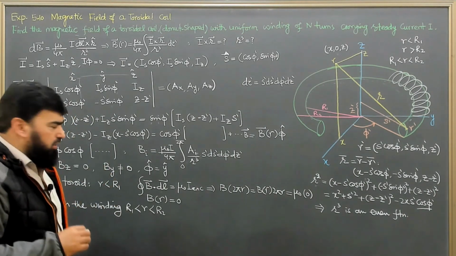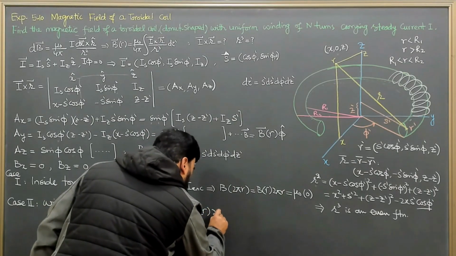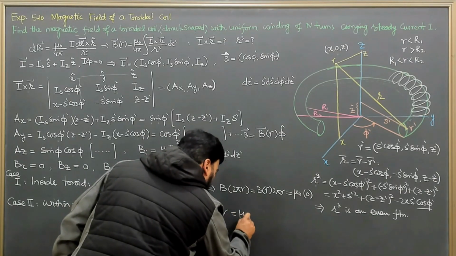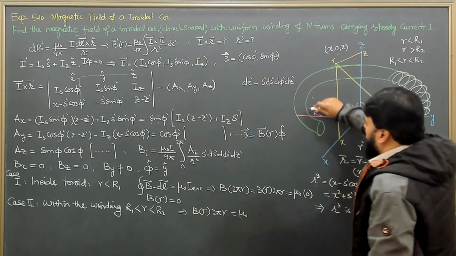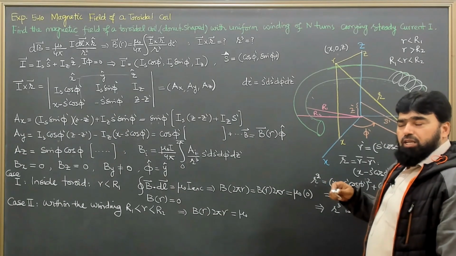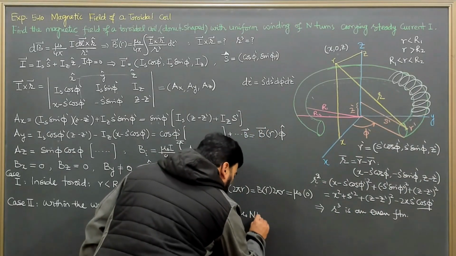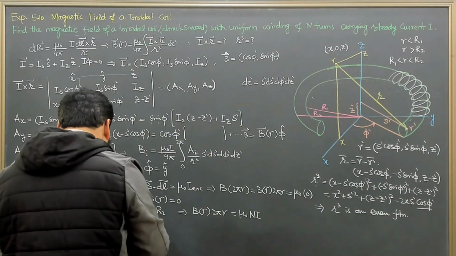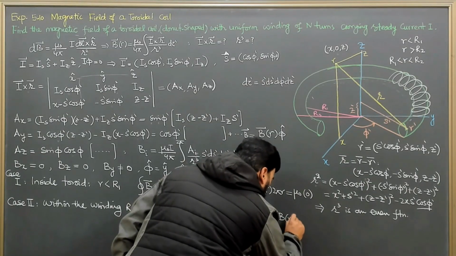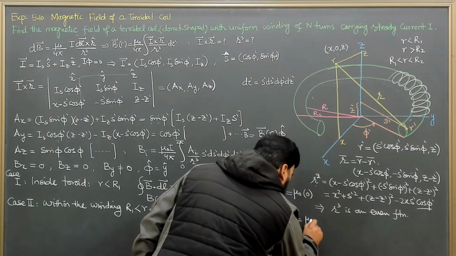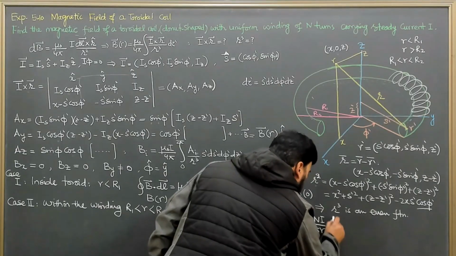We will apply Ampere's law again. So B of R times 2 pi R equals mu naught times the current the loop encloses, which is I multiplied with the number of turns, N. So we have mu naught N I here, and this gives the magnetic field B of R equal to mu naught N I over 2 pi R, in the phi unit vector.